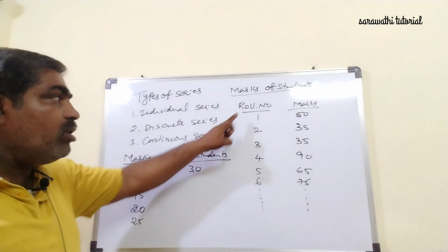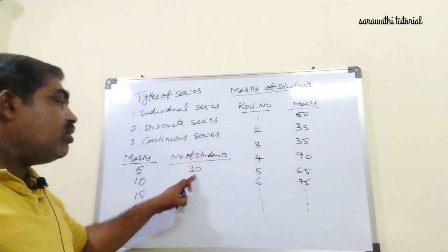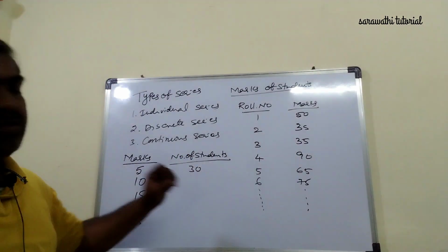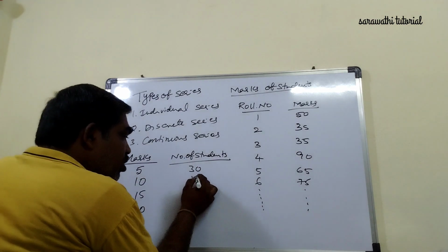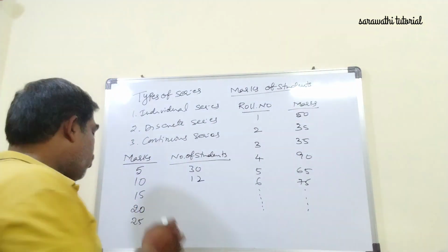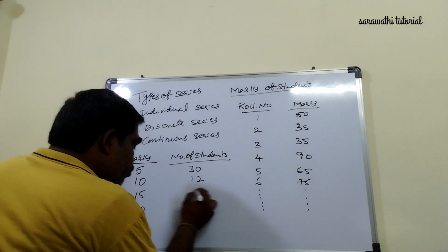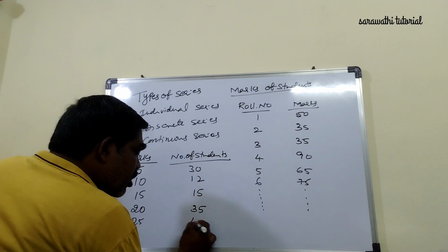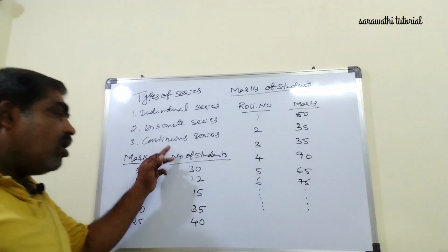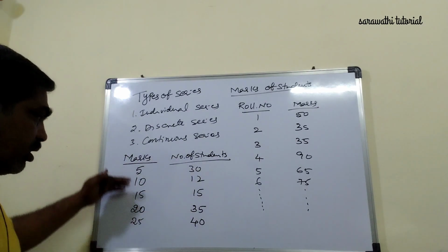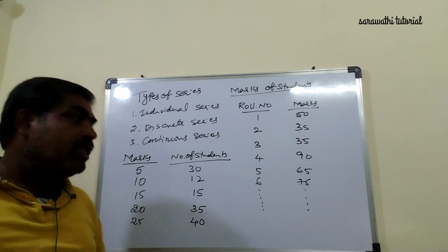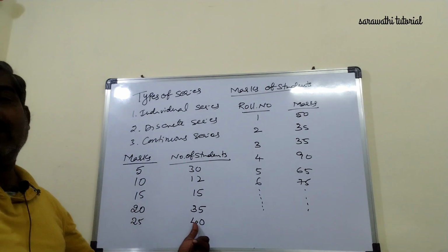Here, 30 students we took individually; the same 30 students we have taken with one measurement. 5 marks, 30 students. 10 marks, 12 students. 15 marks, 15 students. 20 marks, 35 students. 25, 30, 35, 40, some measurement is taken, then it is called the discrete series.